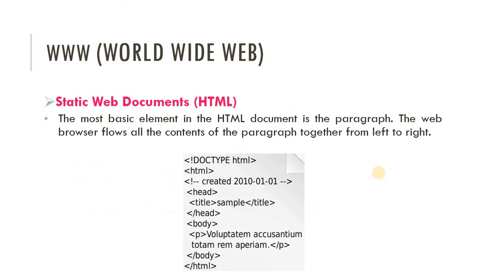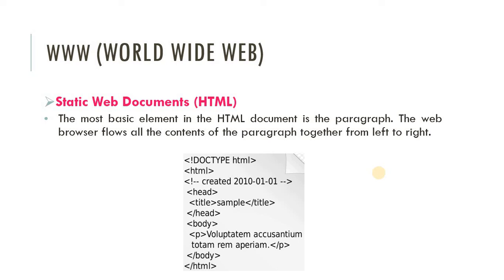The most basic element in an HTML document is a paragraph. The web browser flows all the content of the paragraph together from left to right. For that, the tag used is the p tag. Mostly the information that we request through the internet is given this way.